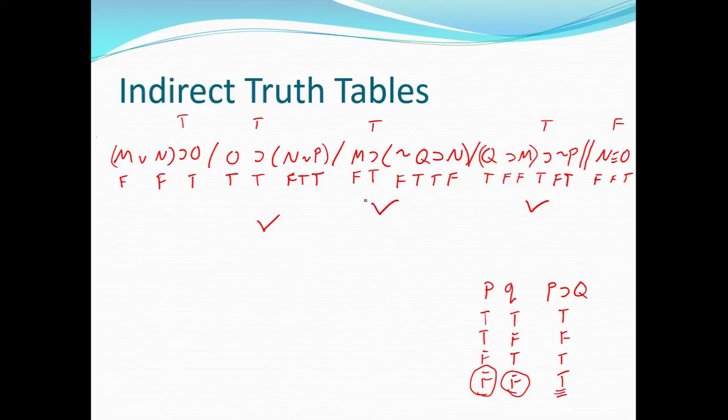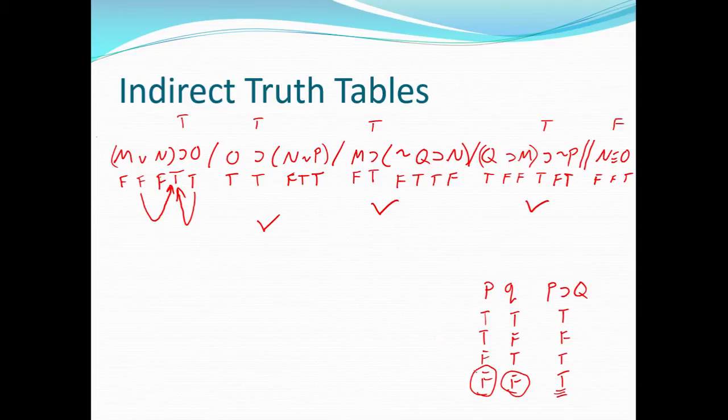So we have the last three premises all true with no problems. And then our first premise, if M is false and N is false with a wedge, that makes it a false statement. And then if you have a false horseshoe true for your main operator, false horseshoe true is a true statement.